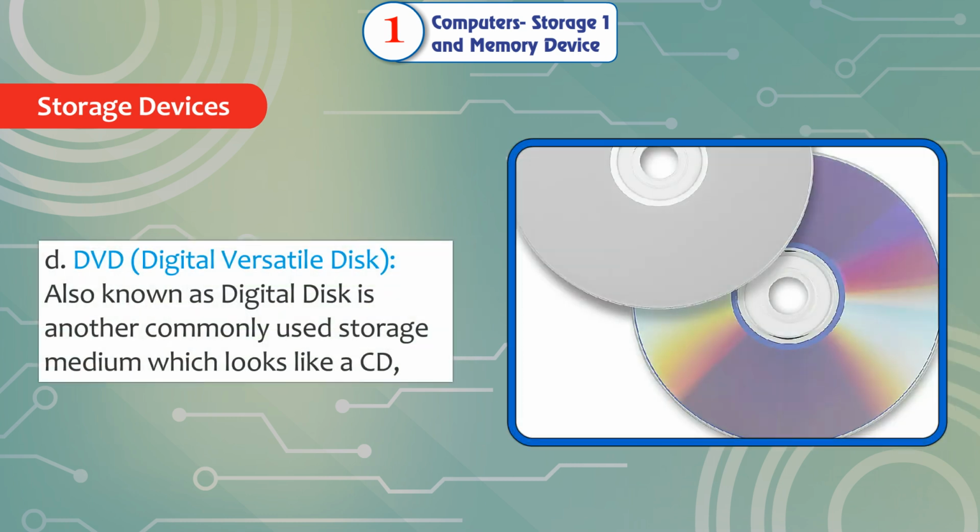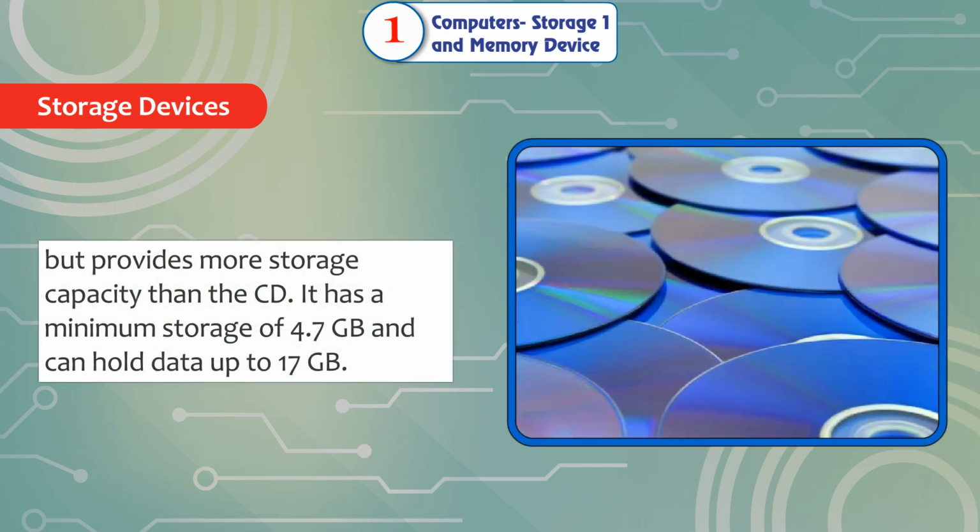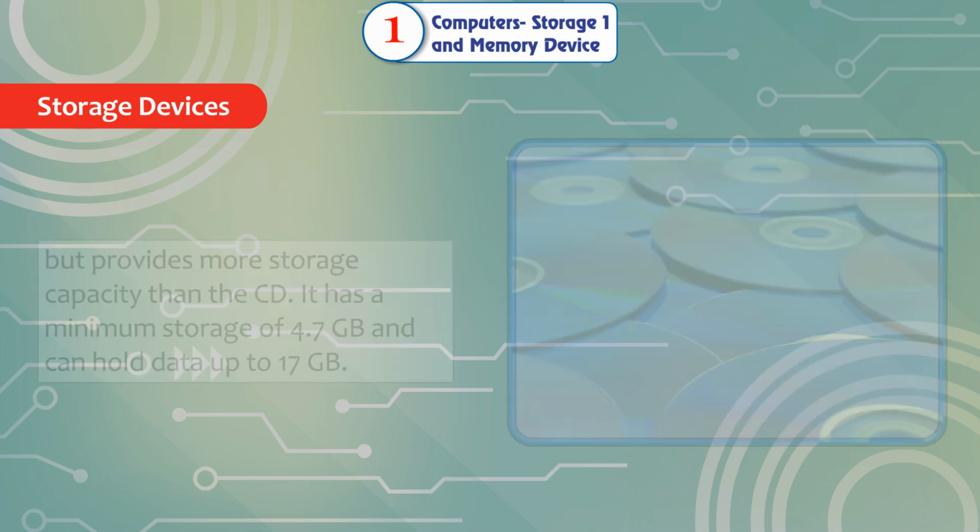D. DVD, digital versatile disc, also known as digital video disc, is another commonly used storage medium which looks like a CD, but provides more storage capacity than the CD. It has a minimum storage of 4.7 GB and can hold data up to 17 GB.